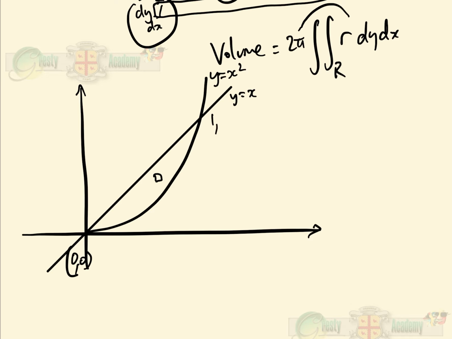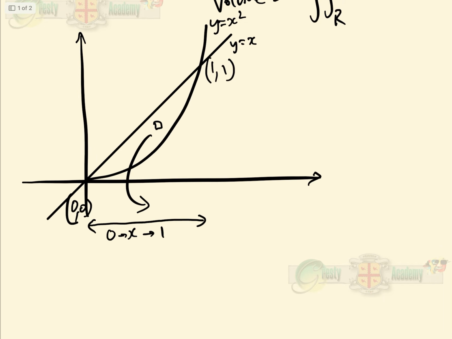This is obviously 0, 0, and this point here is 1, 1. We're going to rotate this around the x-axis to find the volume, so we integrate x from 0 to 1.